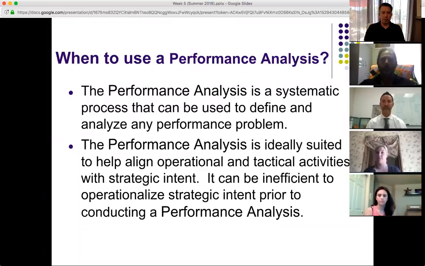The performance analysis is ideally suited for aligning those three together if you do it properly. Hence the reason at the beginning I talked about if you put the word strategic in front of needs assessment, you can call this a strategic needs assessment, because you are taking the strategic into account but focusing on the actual work, the operational level.